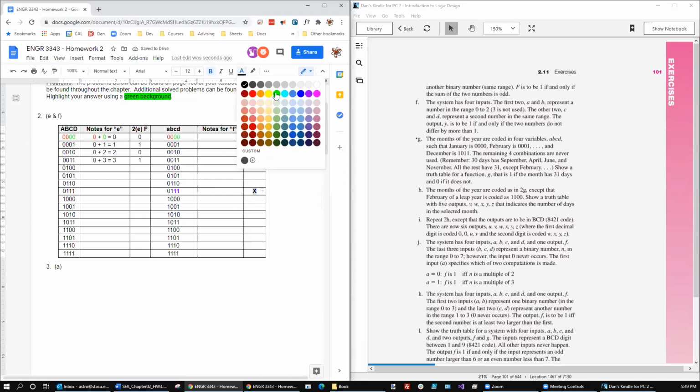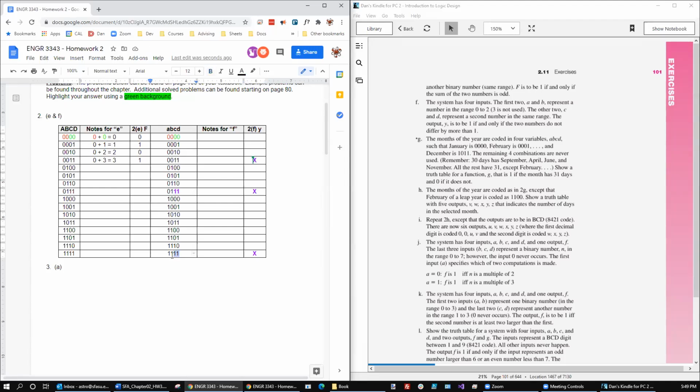Let's make that purple. What does X mean? That's a question for the chat. You can answer privately there. And you see this corresponds to 3, so I don't really care about that. Oh, look at that. There's a lot of 3s right here. We don't care about any of those. So what does X mean?